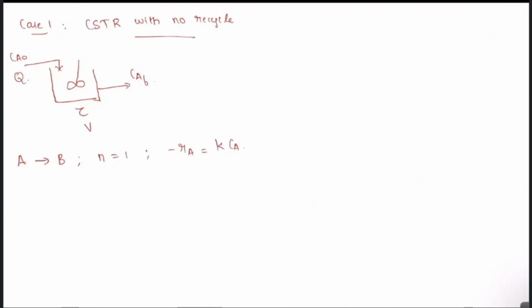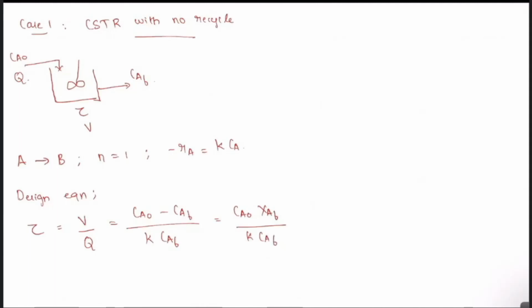So for this, if we write the design equation, it will be tau is equal to V by Q, and that will be equal to Ca0 minus CAF by KCAF. You can also write this as Ca0 into XAF by KCAF. Okay.